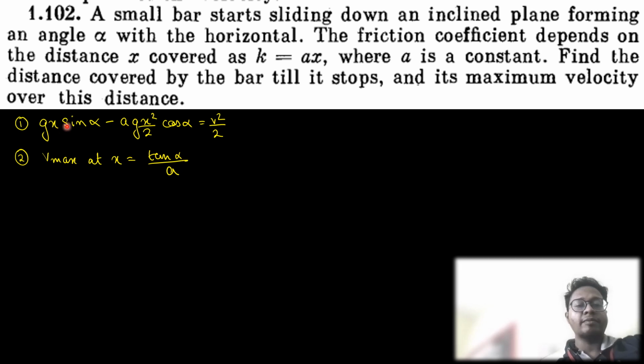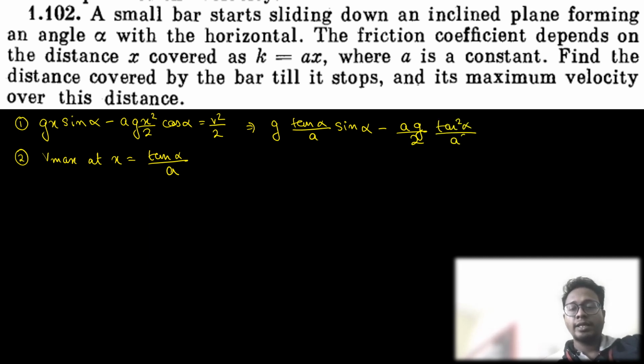If I input tan alpha by a in this equation, I get g tan alpha by a into sin alpha minus a g by 2 into x square, which is tan square alpha by a square, into cos alpha, equal to v max square by 2.